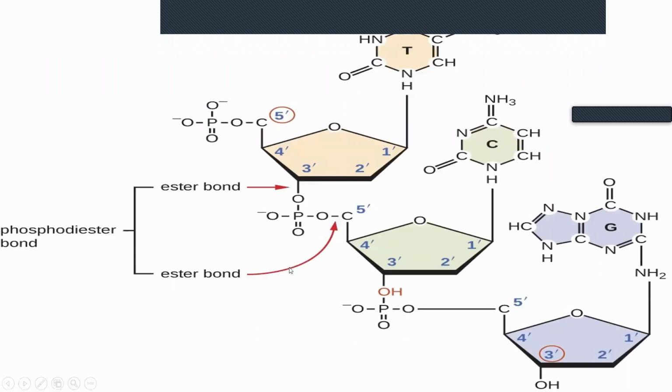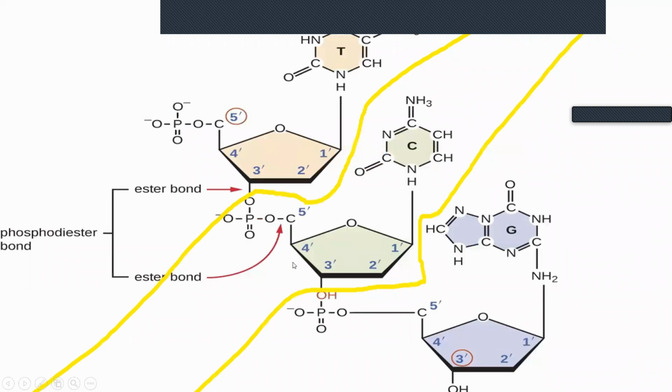Actually, why are they called diester? Because there are two ester bonds. Okay, so this from carbon 3 is also an ester bond and from carbon 5 is also an ester bond. तो एस्टर एस्टर मिला के बन गया डाई एस्टर। ठीक है, और डाई एस्टर में क्या ज्वाइन हो रहा है, फॉस्फेट ज्वाइन हो रहा है। So that's why it is phosphodiester. ठीक है, phosphodiester bond will be joining them both.